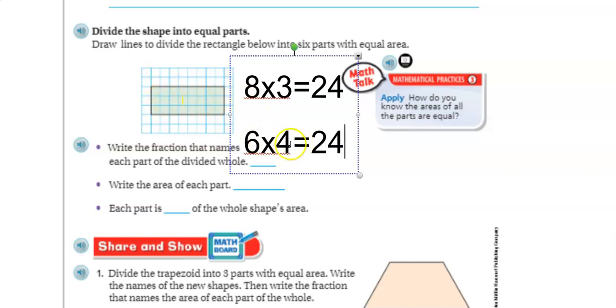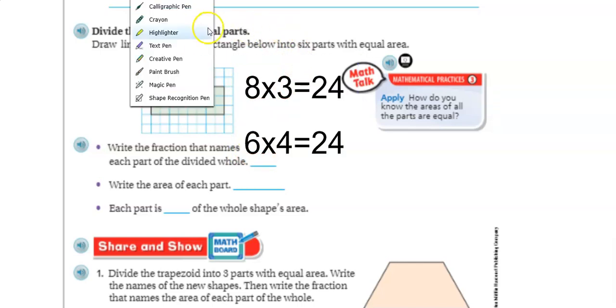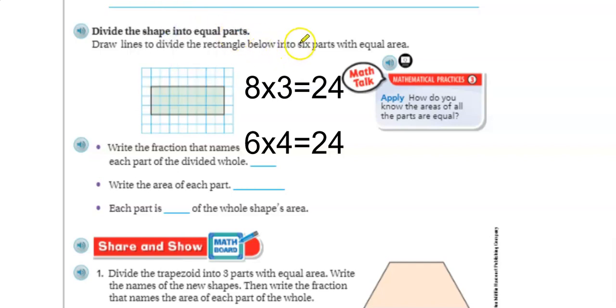I was trying to make it equal to 24, but maybe I can see right here, there's 6, there's 6, there's 6, and there's 6. There's 8, there's 8, there's 8. Draw lines to divide the rectangle below into 6 parts with equal area. So that's why I was trying to get the 6, because we can see right here that we had to divide it into 6 parts.